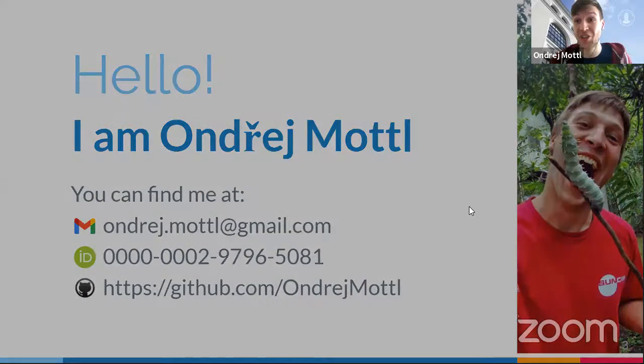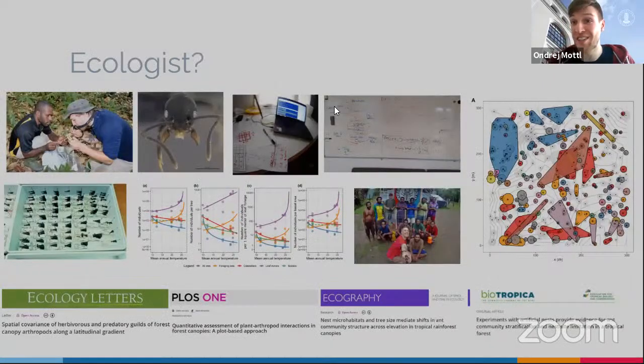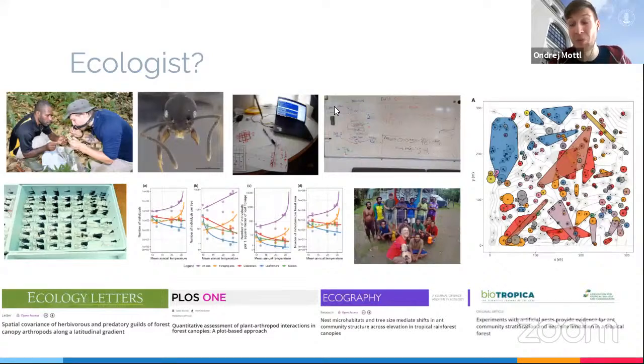So I consider myself an ecologist, and I was working on tropical ants in Papua New Guinea on community ecology. But through my PhD, I developed a real passion and interest in statistics and, I would say, data science. And therefore, I switched fields a little bit, and I jumped into something more data-heavy and computational, and I jumped into paleo.